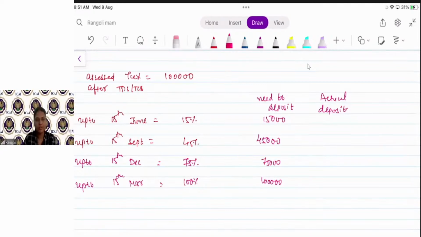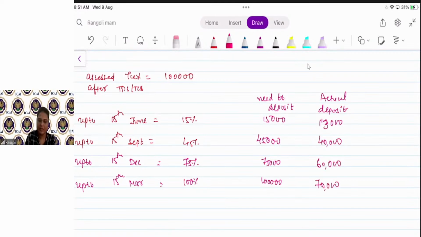That is 15%. Up to 15th September 45,000, 15th December 75,000 and 15th March 1 lakh. But say for example, instead of 15,000, advance tax paid by me is 13,000. Here, say for example, it is 40,000. Here, say for example, it is 60,000. And here, say for example, it is 70,000.